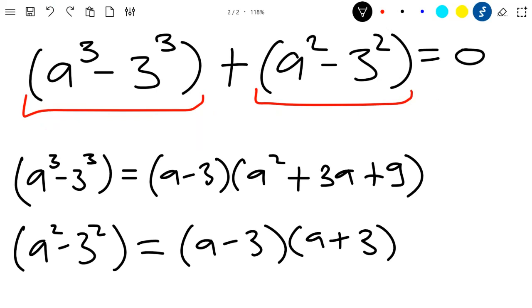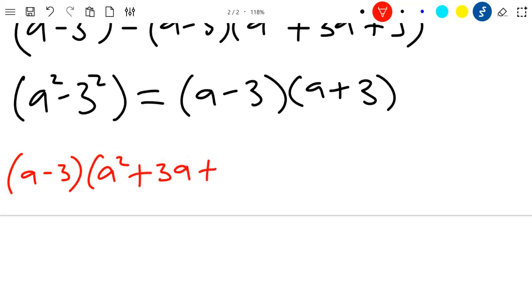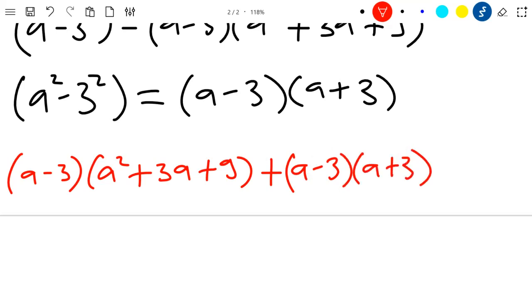So if you replace, we'll have the following equation: (a - 3) times (a^2 + 3a + 9), plus (a - 3) times (a + 3), equal to 0. So this is what our equation becomes.